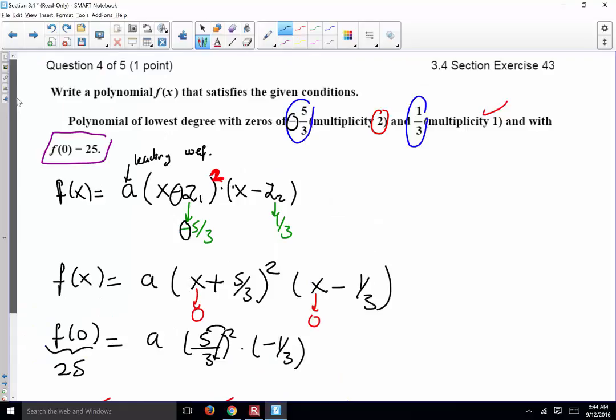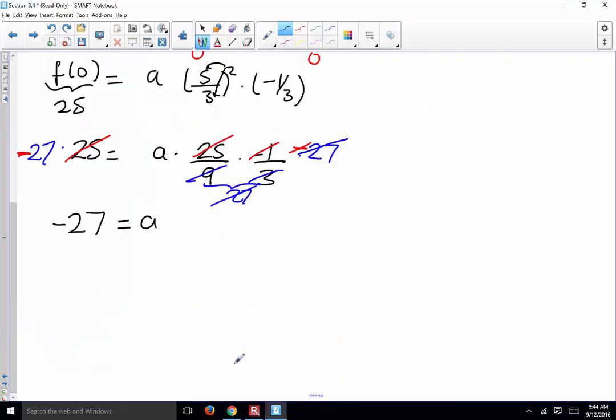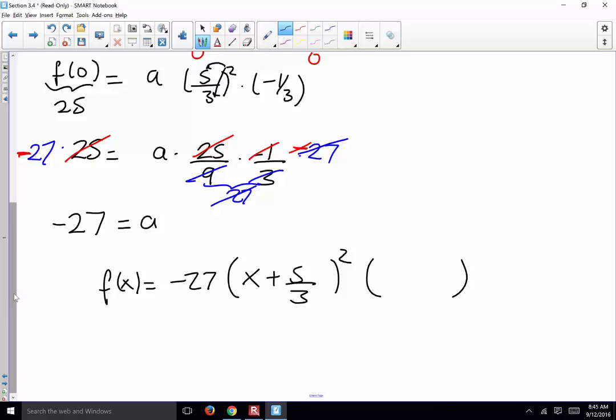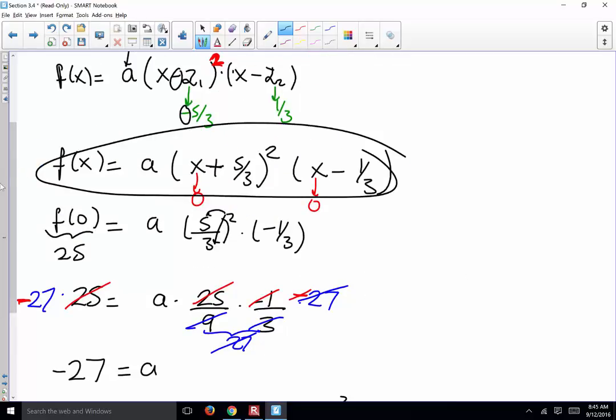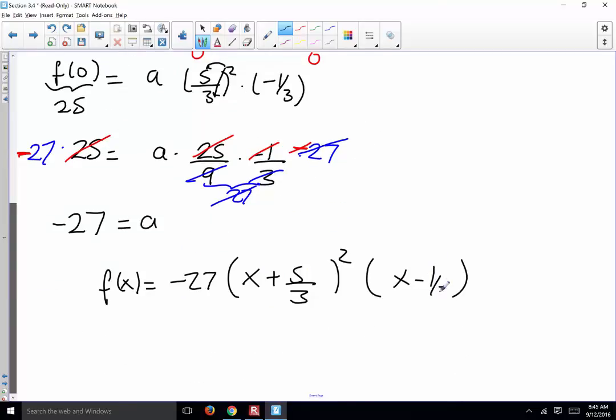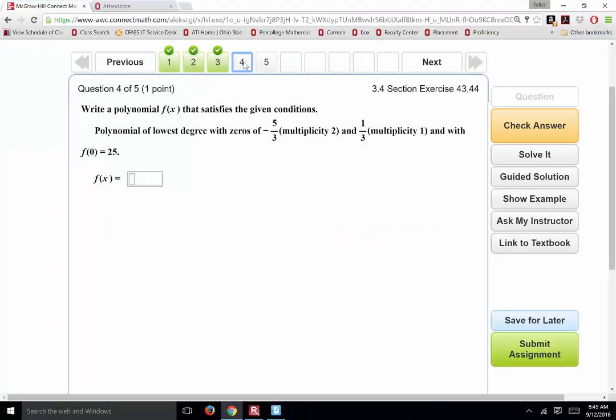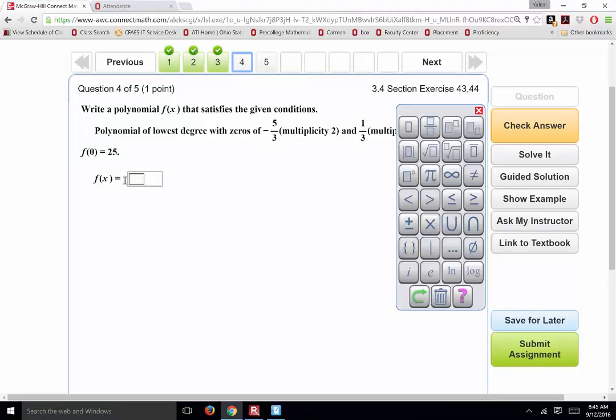So the f of x that we are looking for in this problem is negative 27 times x plus 5/3 squared, it was this thing, and x minus 1/3. Alright, I believe the computer will not like this answer. It will ask us to FOIL and expand this entire thing. But I will give it a shot anyways. See if it's gonna like it.